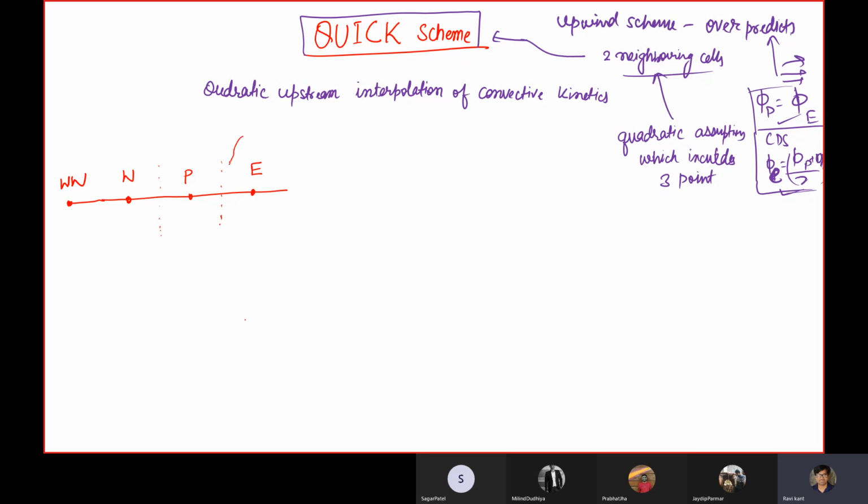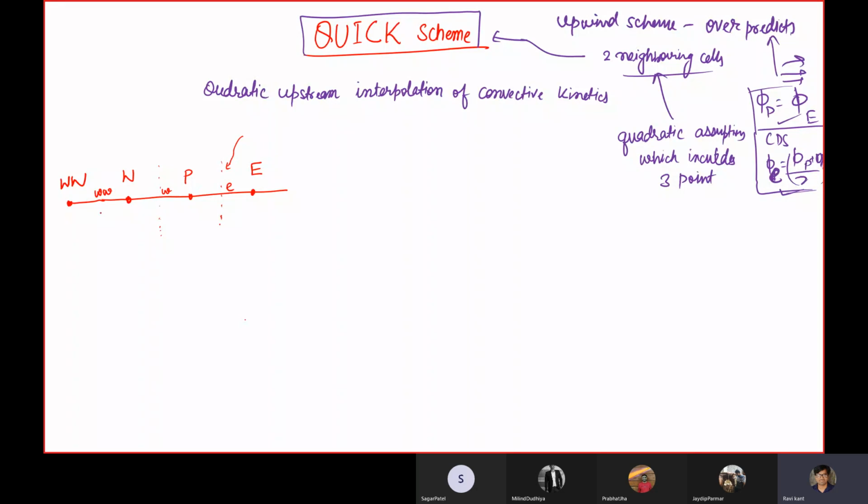I want to estimate the phi value at this interface, essentially the east face and west face.